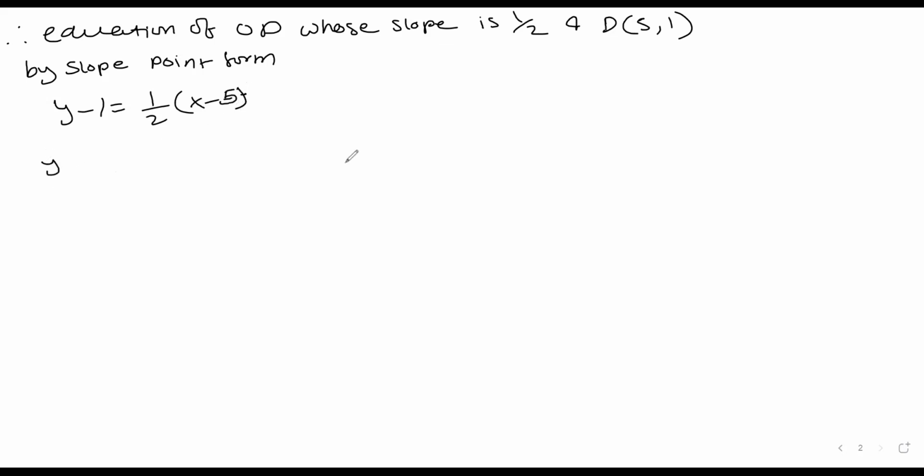So I can say this is 2y minus 2 equals x minus 5. x minus 2y minus 5 plus 2 is equals to 0. x minus 2y minus 3 is equals to 0. This is the equation of line OD.